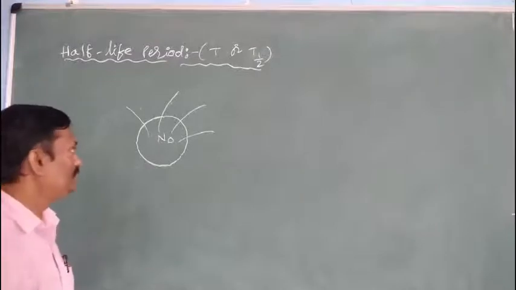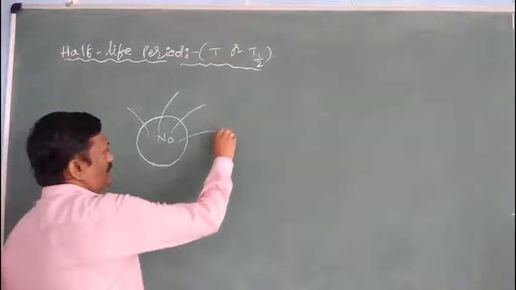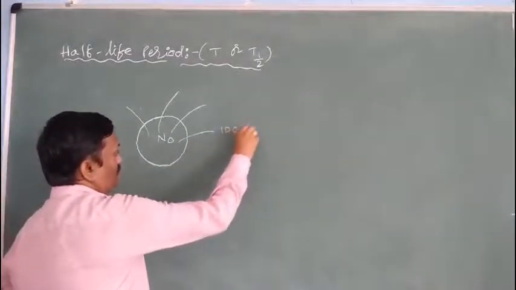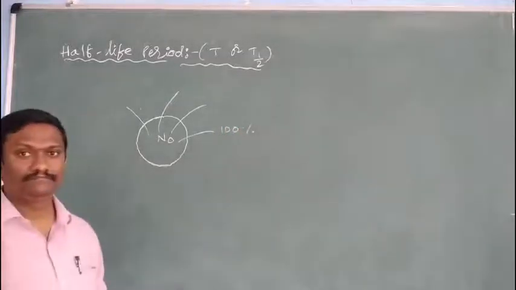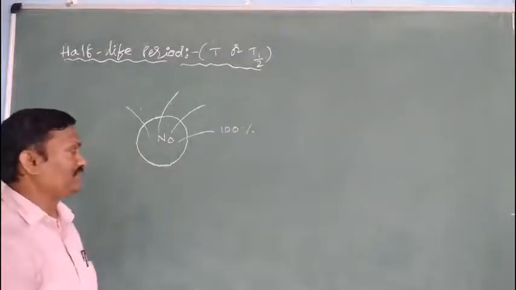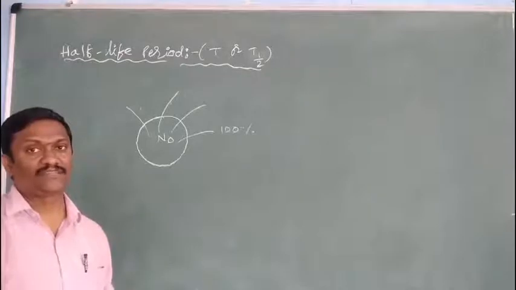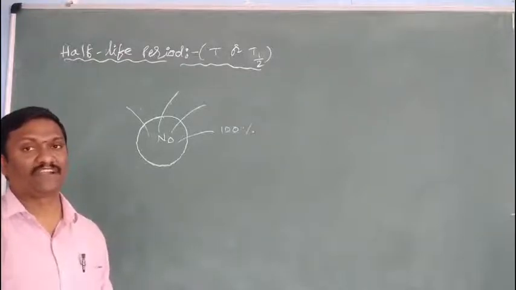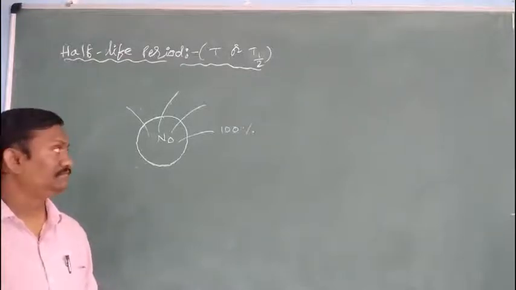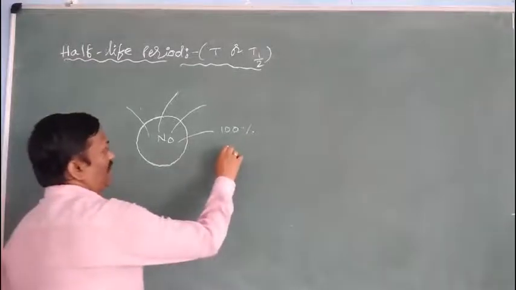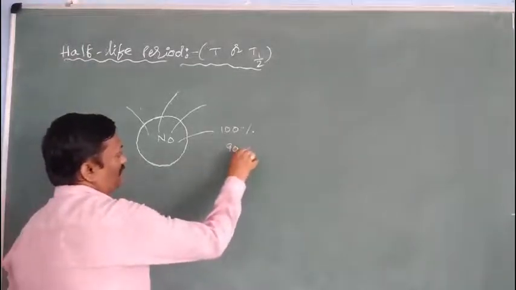So assume initially the radioactive substance consists of 100% of atoms. But after some time, the radioactive substance loses some number of atoms, so the number of atoms inside the substance becomes 90%.